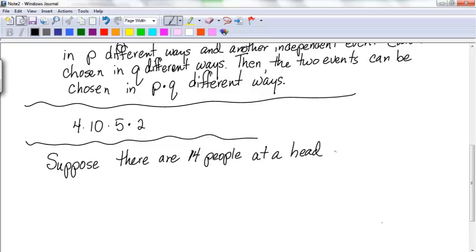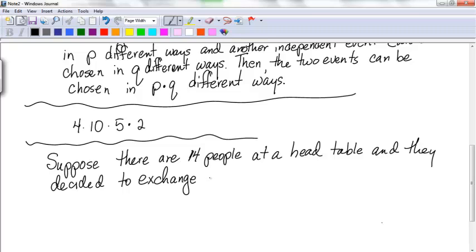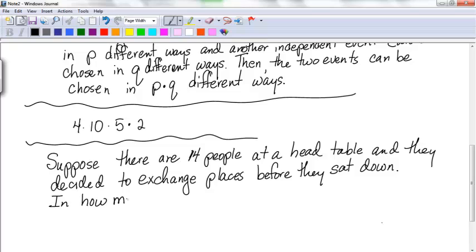Suppose there are 14 people at a head table, and they decided to exchange places before they sat down. In how many different ways could they arrange themselves?